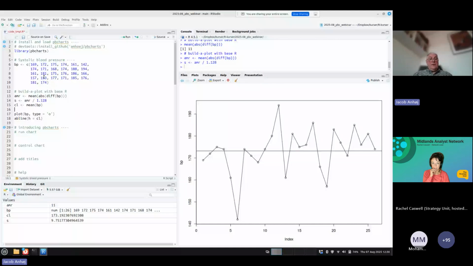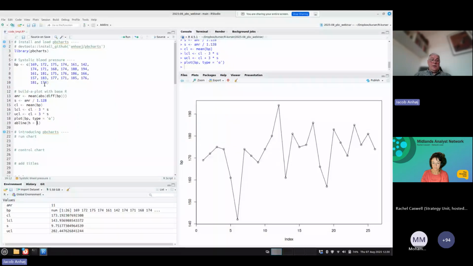And then we have the lower control limit, which is the center line minus 3 times the standard deviation. The upper control limit, center line plus 3 times the standard deviation. And then we can add all 3 lines to this plot. Lower control limit, center line, upper control limit.